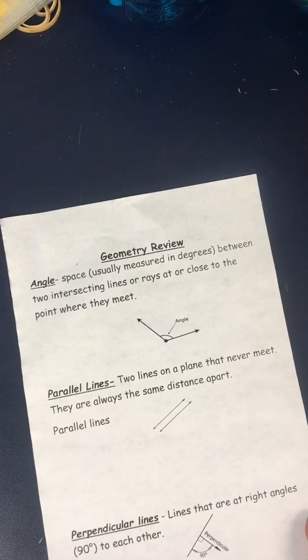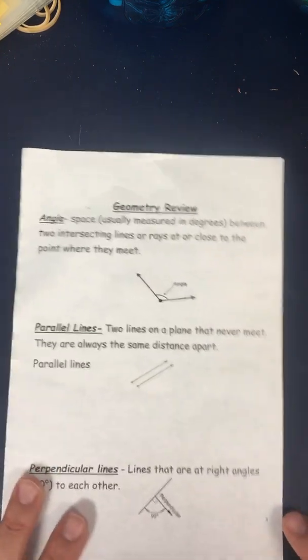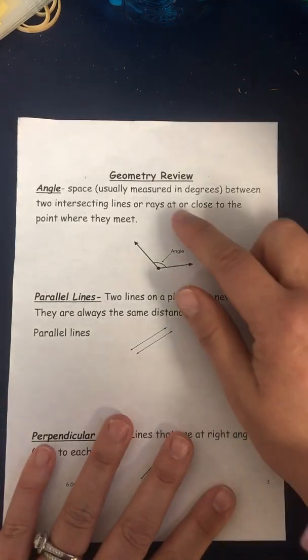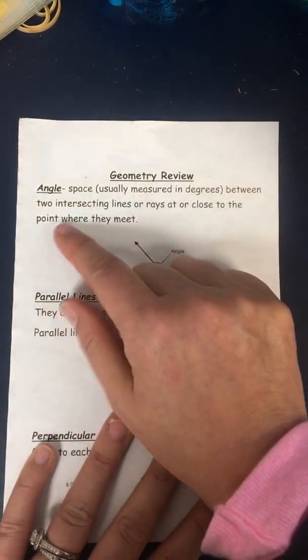Okay. Some other things that we're talking about in geometry, and some more vocabulary, is an angle. It is the space, usually measured in degrees, between two intersecting lines or rays, close to the point where they meet.